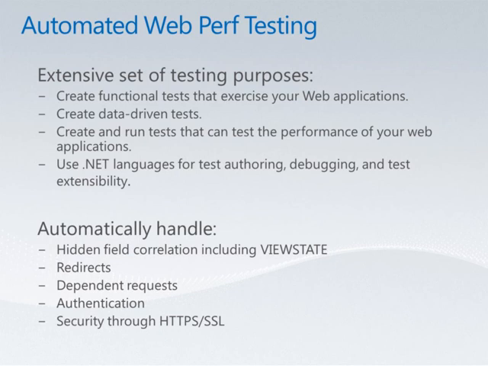This gives you a nice way to author, debug, and even extend your web performance tests. It's going to automatically handle a lot of things you have to worry about when doing web performance testing, things like correlating your variables like view state, redirects, dependent requests, and authentication, so the support for that is built in, as well as security through HTTPS and SSL.